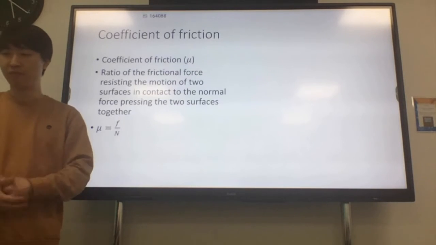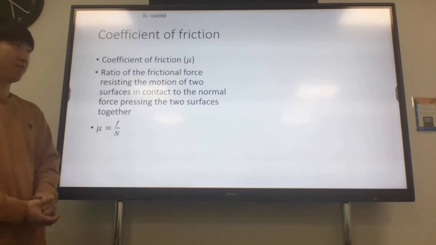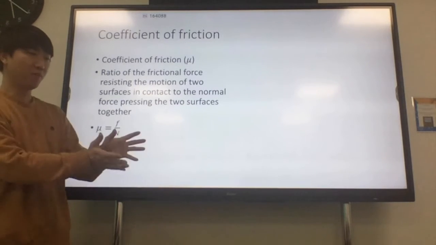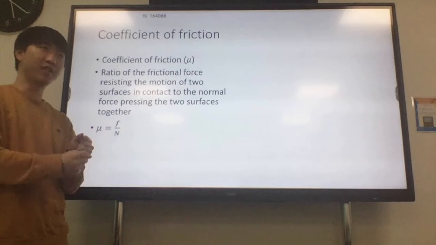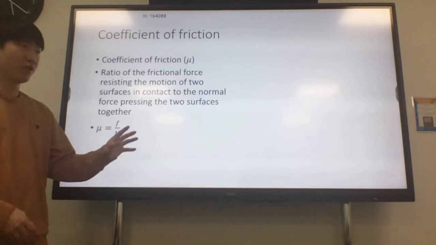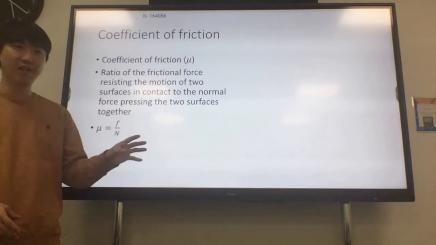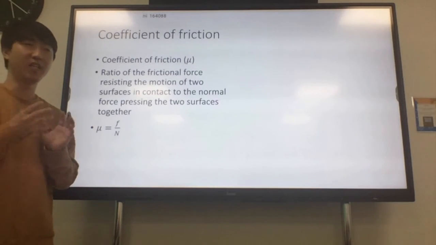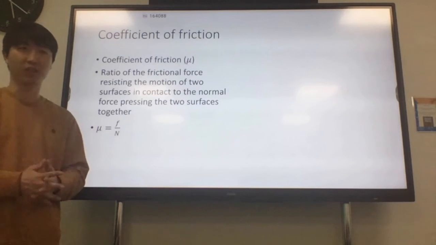If the coefficient is bigger, then it means the object might be really difficult to move. On the other hand, if the coefficient is smaller, it means it's quite easy to move the object.